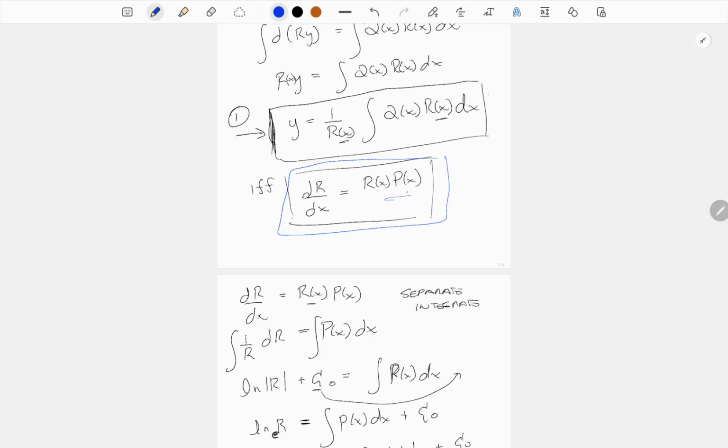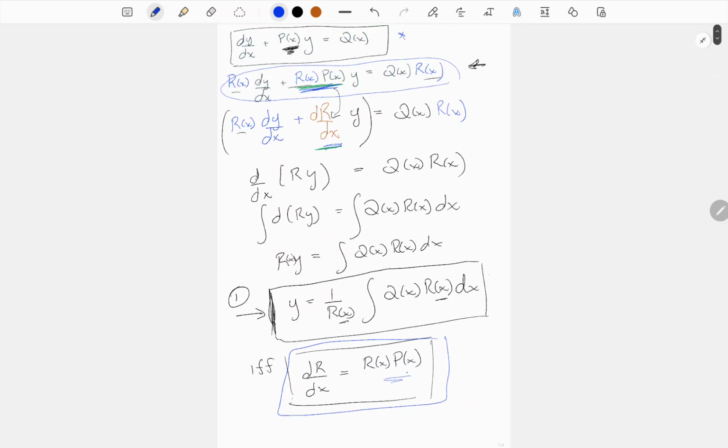If we enforce this, we can make the whole left-hand side look like the product rule, which means we can collapse it. If you remember from integrating combinations, this is one thing we could do. Then we can integrate and really simplify the left-hand side of our equation, and then we're integrating both sides, and we can solve for y very quickly and easily.